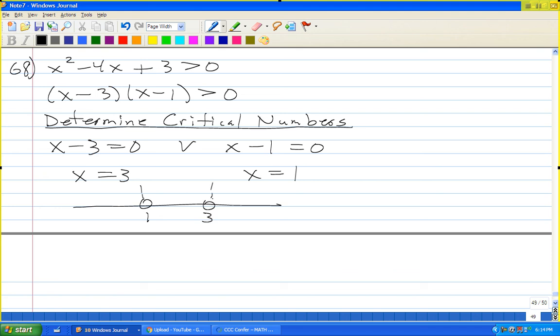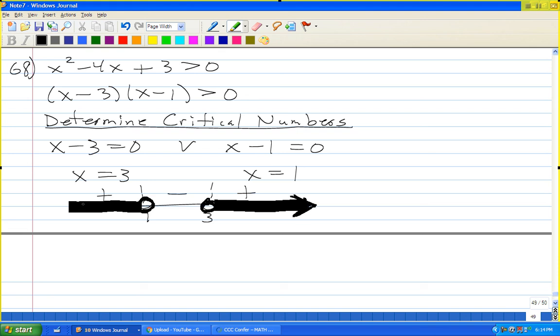Take a number less than 1, let's say 0. At 0, it's going to be positive. Again, each of the roots are simple roots, and therefore they have multiplicity of 1 and odd multiplicity. So the signs alternate. We want this to be greater than 0, and so I fill in where it says greater than 0. And I don't include the critical numbers because there's no equal sign.